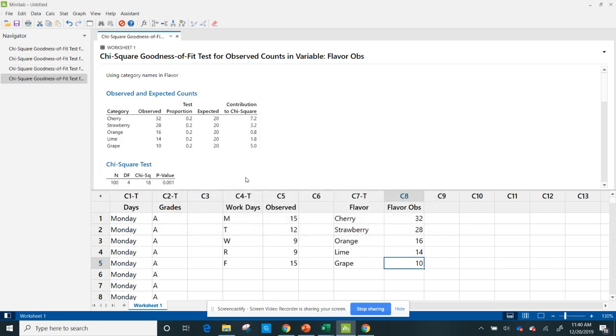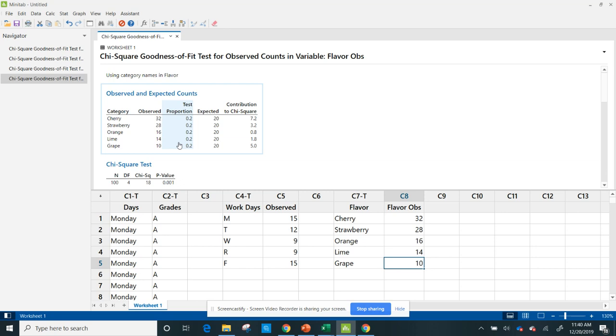So look what it did for me. It gave me my categories with my observed values, and then it gave me my proportions. Again, to find the proportions, it is 100 because it's 100% of the data, not the sample size, but 100% divided by the number of categories. So I get 0.2 or 20%.